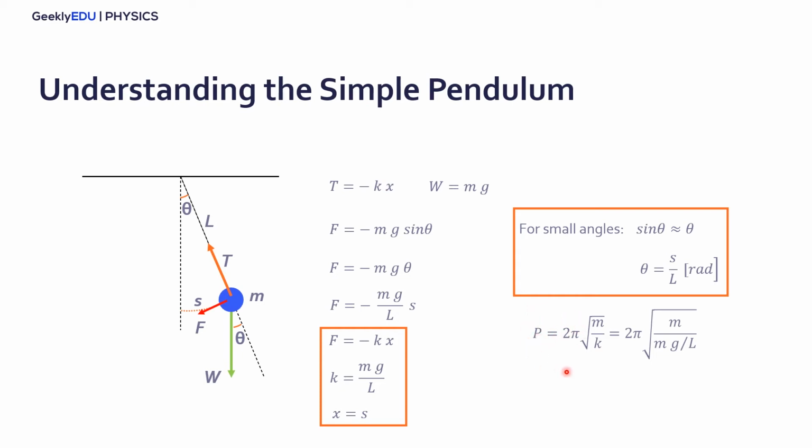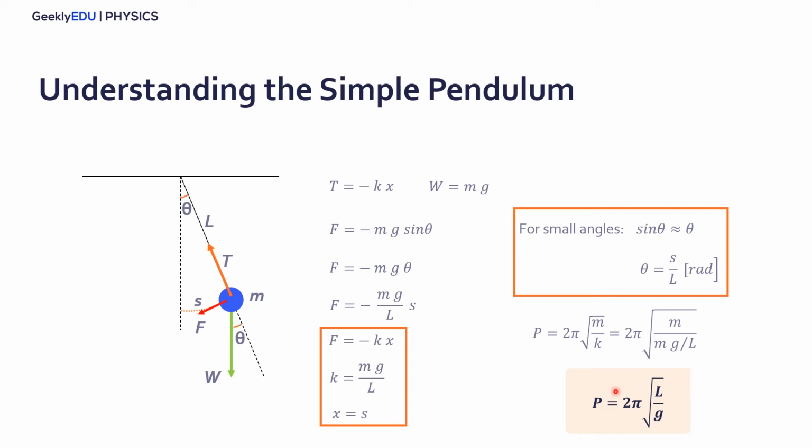We can calculate the period with this formula here, 2 pi times the square root of m over k. We can change this k here for our constant, okay? And we have the formula for the period of the pendulum, right? Which is 2 pi the square root of L over g.